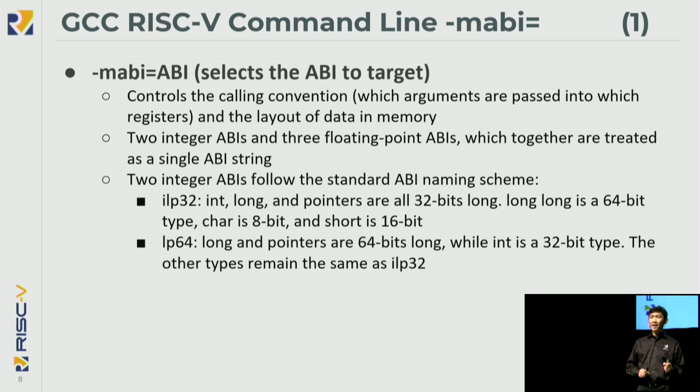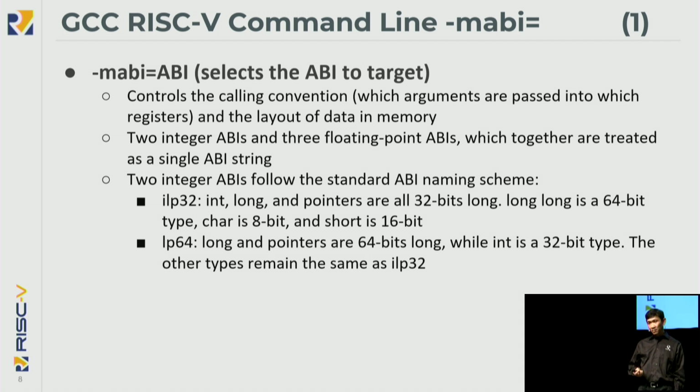So there are two integer ABIs and three floating point ABIs, which can be combined together for you to select the appropriate library for your particular target.